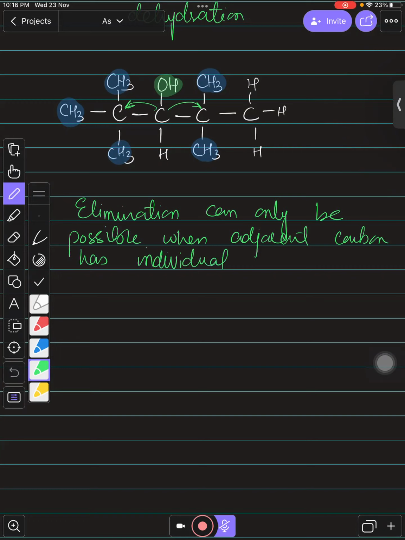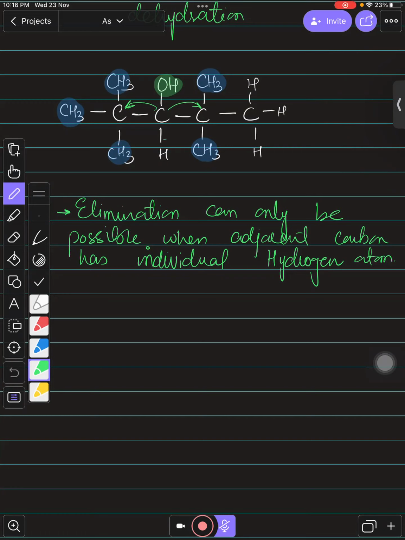When adjacent carbon has individual hydrogen atom. Is that clear, bacho? This is the main point you need to remember. If there is no individual hydrogen on the adjacent carbon, that means elimination reaction is not possible. So elimination reaction possible तब होगा जब बराबर वाले कार्बन पर आपके पास H मौजूद होगा.